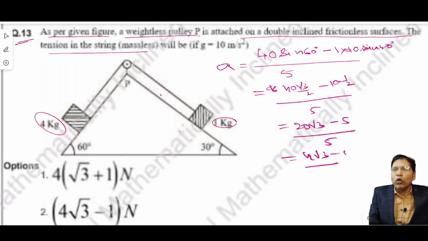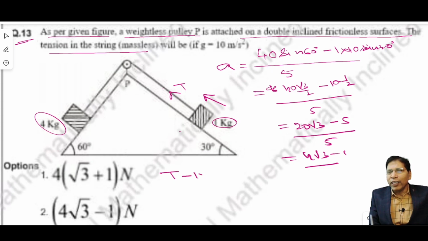Now tension. This 1 kg mass moves up. If T be the tension, then T minus 1 into 10 into sine 30 degree is the net force acting in the upward direction. This equals mass into acceleration.